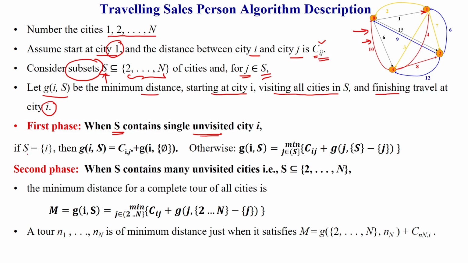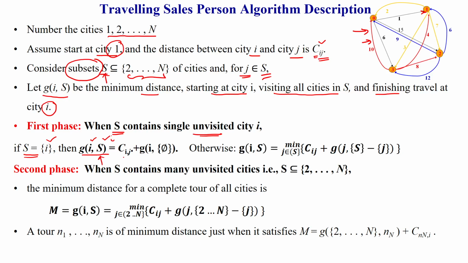Then we can say the formula: when the subset has only a single city, the cost is calculated by using g of i comma S. Here i is the starting city and S is the subset. So the subset also has a single city.